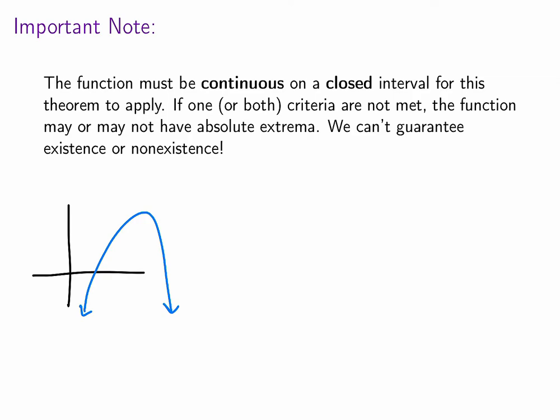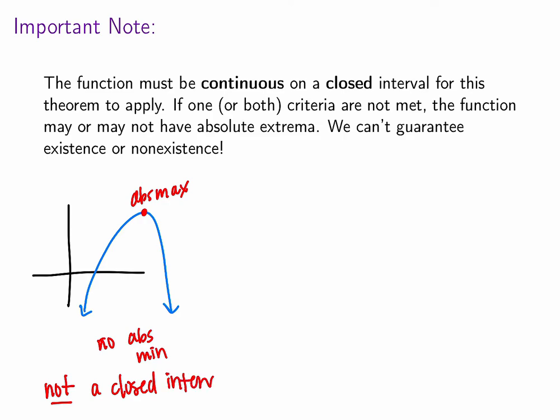Looking at this one, I haven't restricted it to any closed intervals, so I'm not guaranteed that I'm going to have them. Now I do. Notice this one does have an absolute max, but there is no absolute min. And we weren't guaranteed one because we were not on a closed interval. So this is not a closed interval. Okay. So if you want to guarantee that you have both an absolute max and an absolute min, you must be a continuous function on a closed interval.